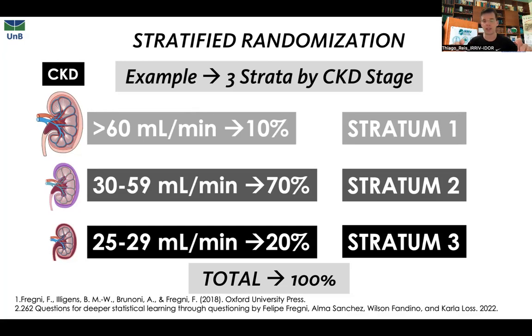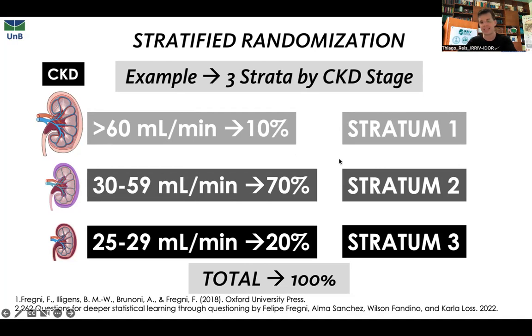The second stratum would be patients between 30 and 59, and the third stratum between 25 and 29. I choose previously that in our sample, we want to have 10% of the patients in stratum 1, which means that if during the trial we reach this number of 10%, I will stop including patients with a GFR above 60.